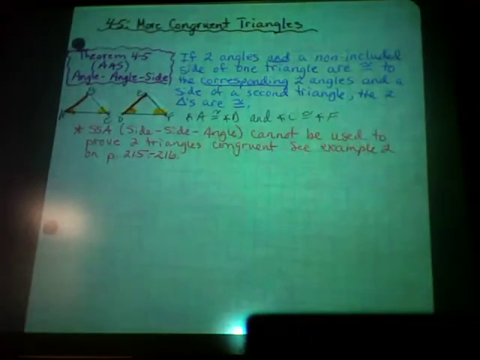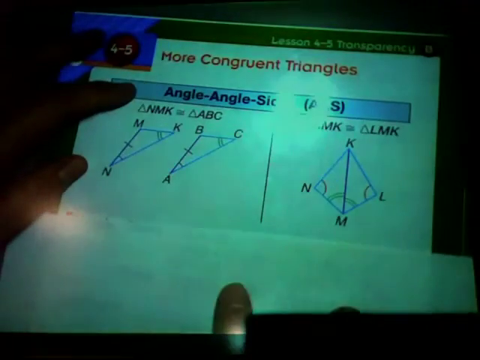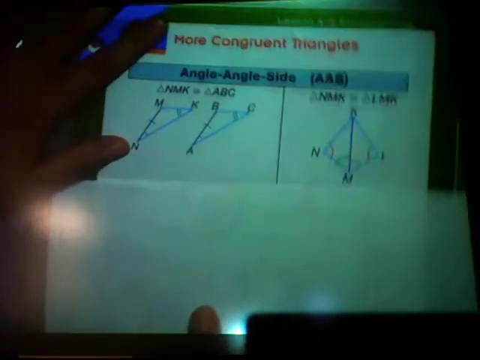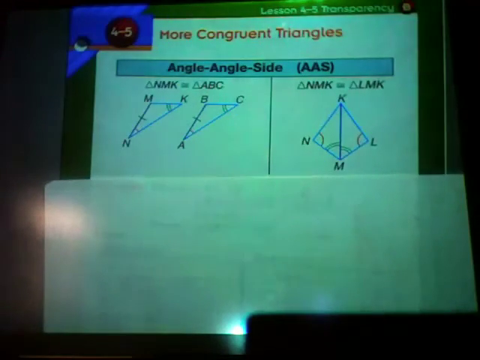All right, so let's look at some examples. Here's an example of a picture. You don't have to write these down. But here are two different sets of triangles.